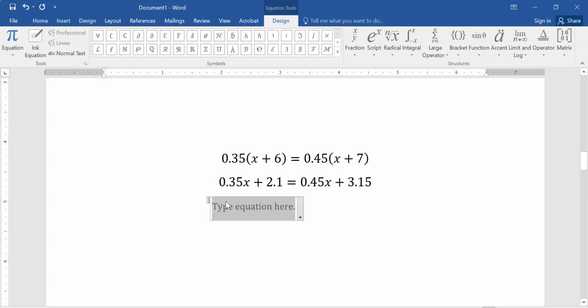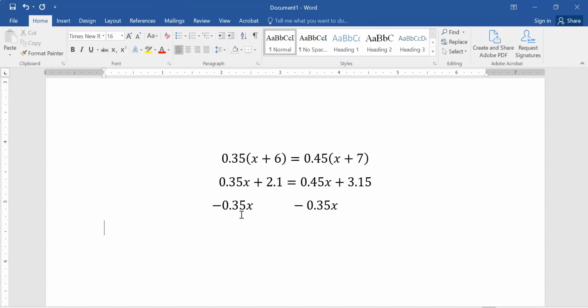Let's do one where I do it the opposite way. Let's get rid of the terms with the variable from the left-hand side. So let's subtract 0.35x from the left-hand side, which forces me to subtract 0.35x from the right-hand side.